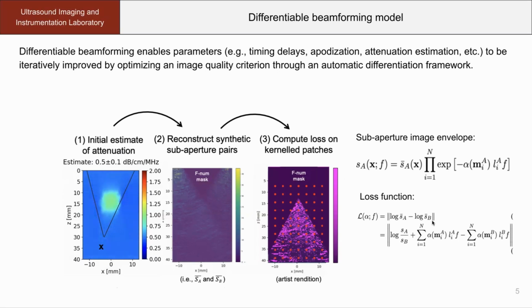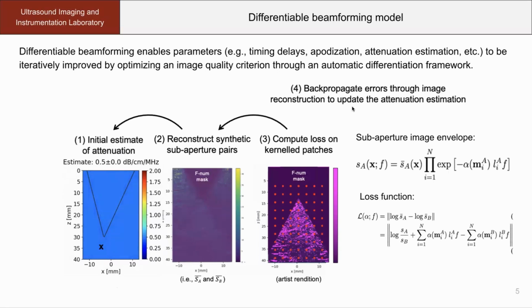And we're looking at subaperture image pairs that are constituted by common midpoints. So we have a group of subapertures that all share a common midpoint, and we're looking at the difference between these two, which simplifies to a ratio of the observed signals S_A and S_B and the components that make up the segments.